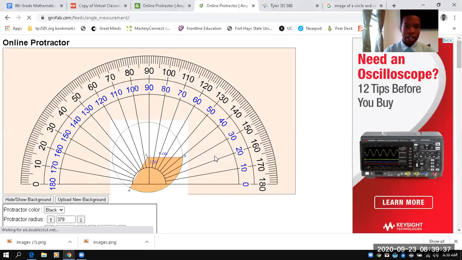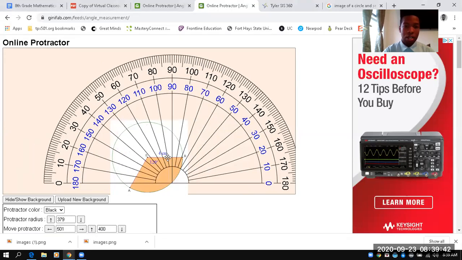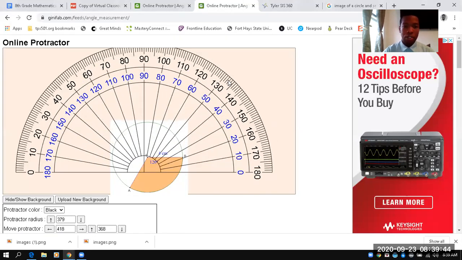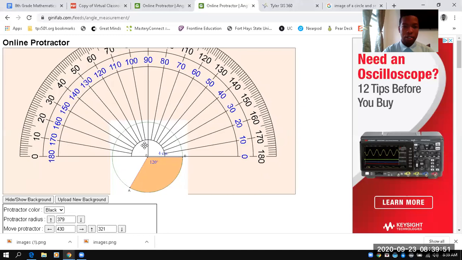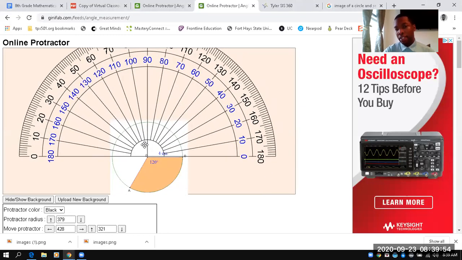And then once it's in, let's see if this turns around. I'm gonna put my baseline here. I just realized that I need this to turn around. So can I get my image to turn around? No. It's not allowing my image to turn around.